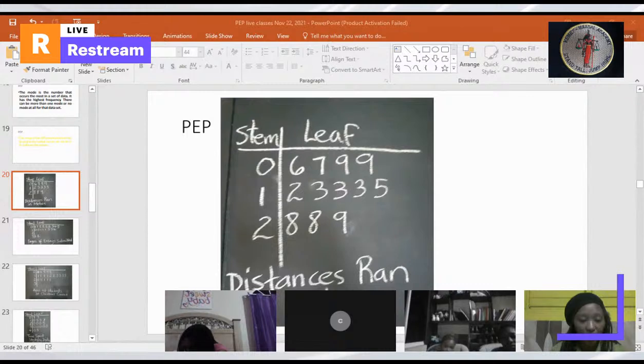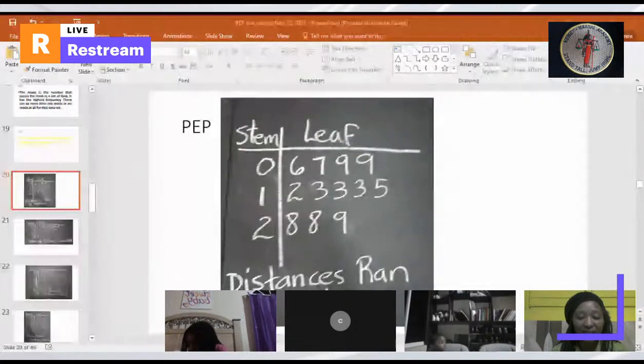So here we have our first stem and leaf, and it shows distances that athletes run. All right. So remember how we said we're to read. So the numbers then would represent 0, 6, which is 6, 0, 1, which is 7, 9, 9.